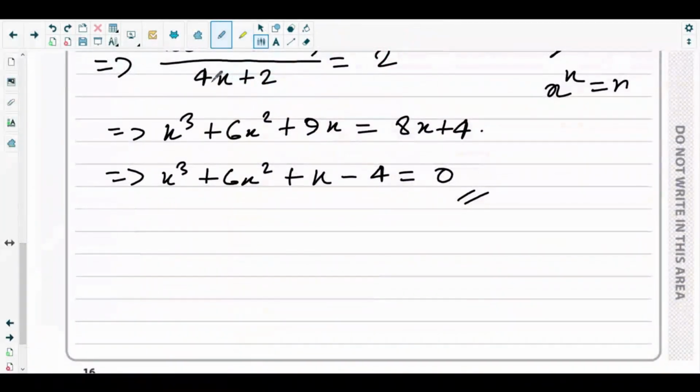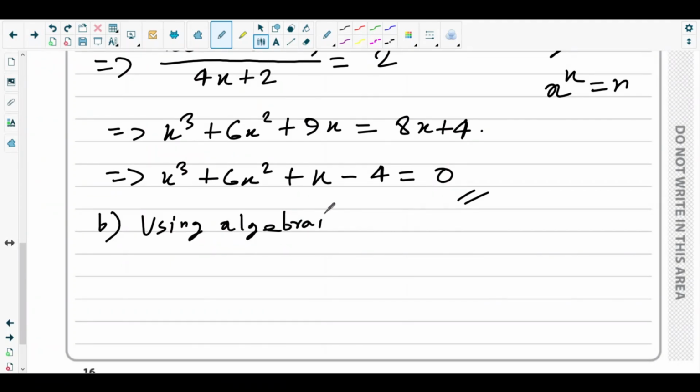So let's attempt to factorize this cubic equation using algebraic long division. Okay, using algebraic long division. Let's divide.